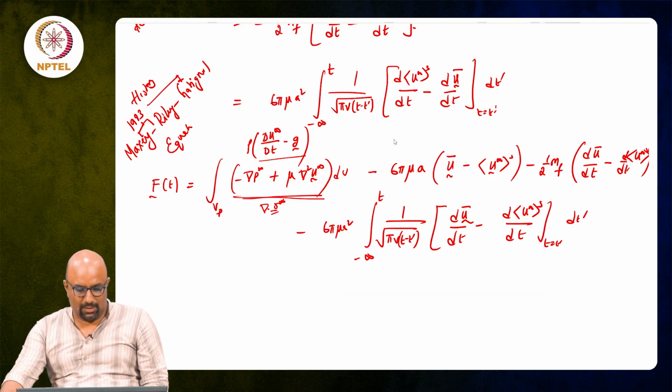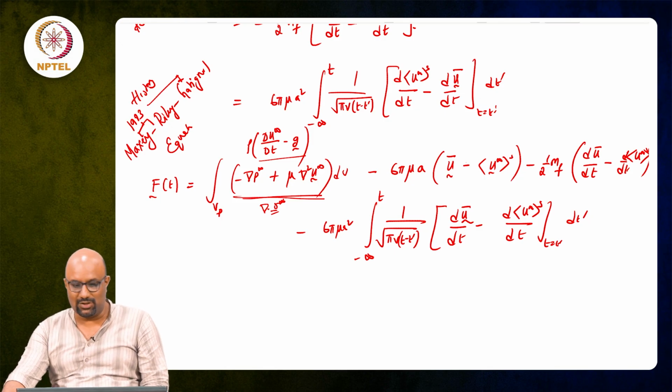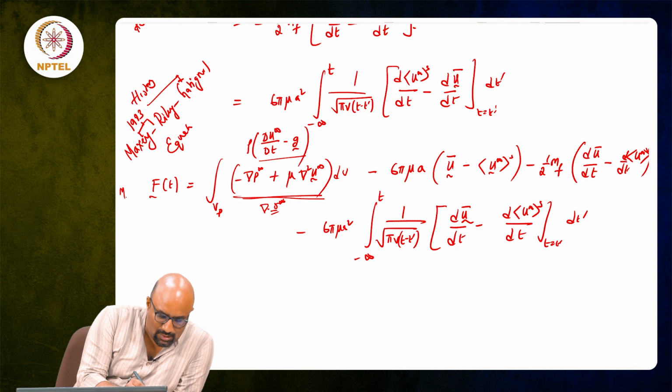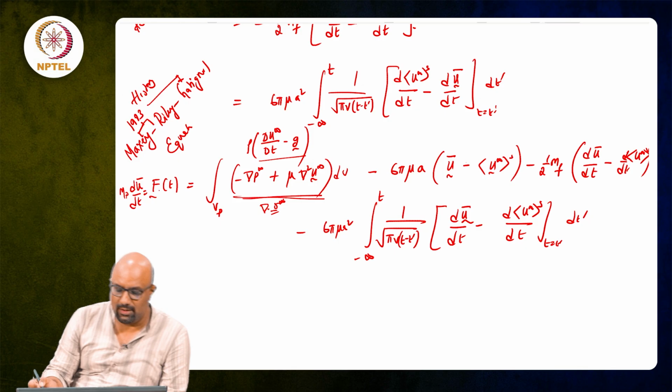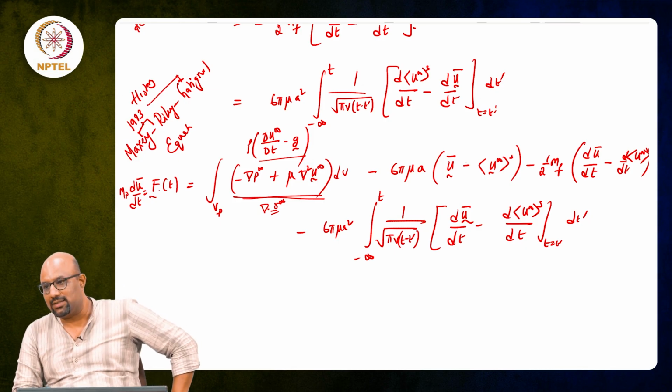Now there are different things that you can do obviously. So first thing is, you can say, alluding to Newton's law, that this force should be equal to mass times acceleration, which means mass of the particle times du dt is equated to everything that is there on the right hand side.